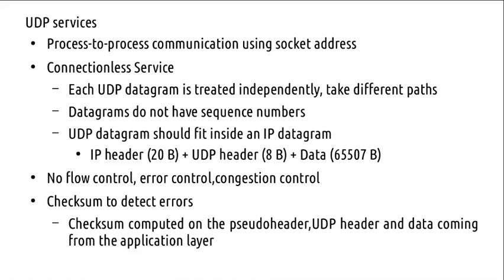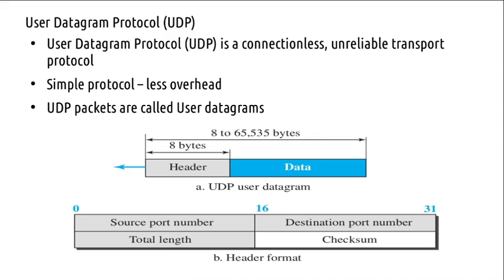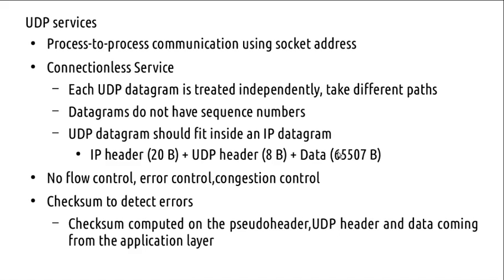There are no error control, flow control or congestion control mechanisms. There is a checksum, but it is optional. If it is not used, you put the checksum field as zeros. Again, the IP header is 20 bytes, or 40 bytes at worst, so 65507 data bytes can be in the UDP datagram.